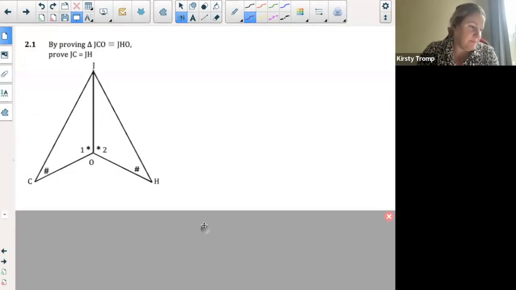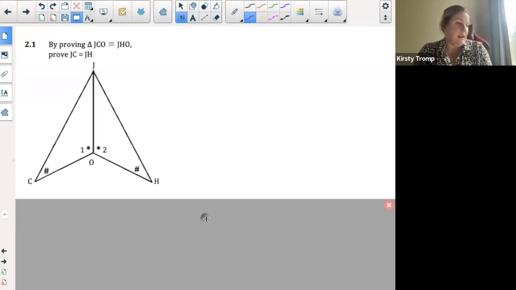They say to me, number 1, first, by proving that the one triangle is congruent to the other triangle, prove that JC is equal to JH. So first of all, they're saying prove to me that that triangle is congruent to that triangle.